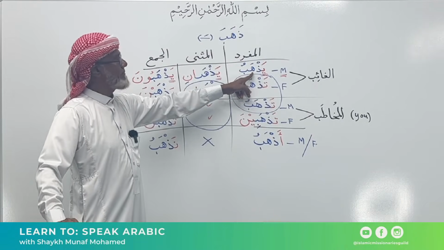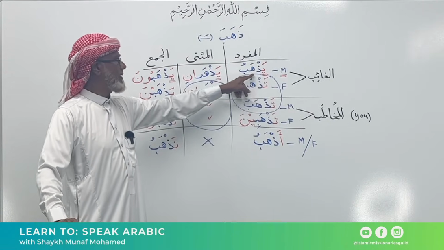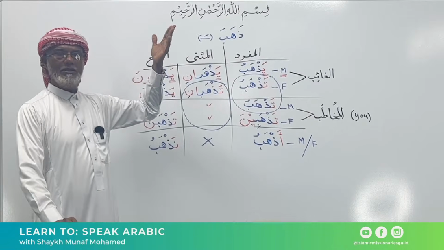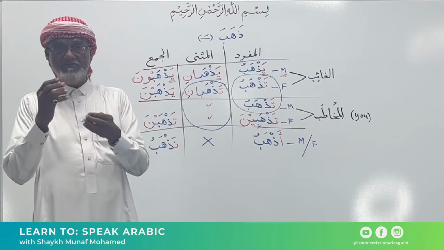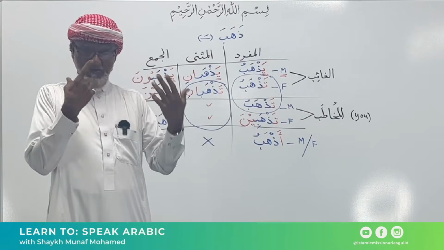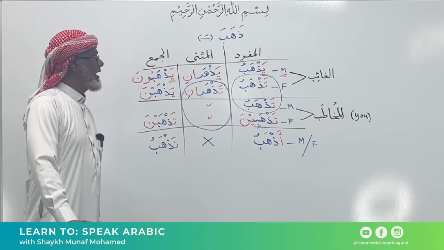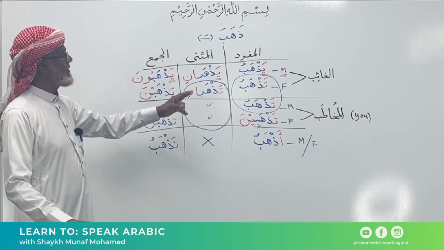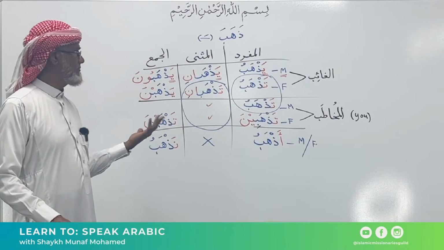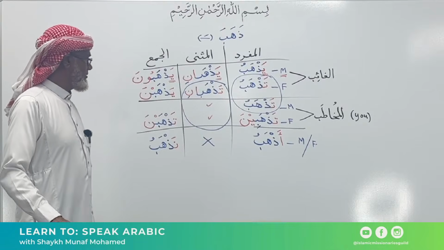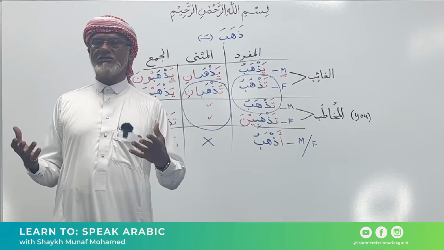Sometimes it may carry a fatha, other times it may carry a kasra, and other times it may have a dhamma, for different verbs, not the same verb. So the middle letter could change. Either it maintains the fatha or it changes to a kasra. So adhabu. From this, you could formulate your sentences.